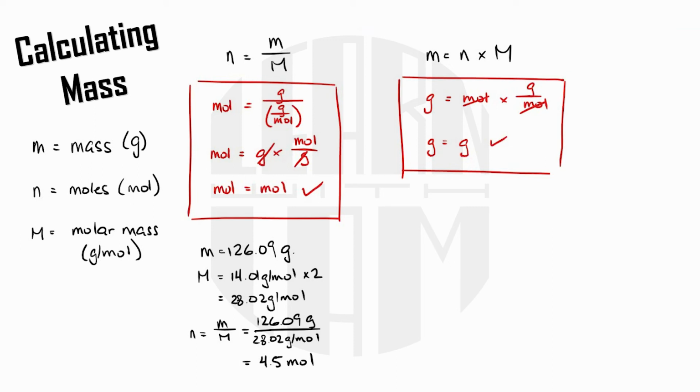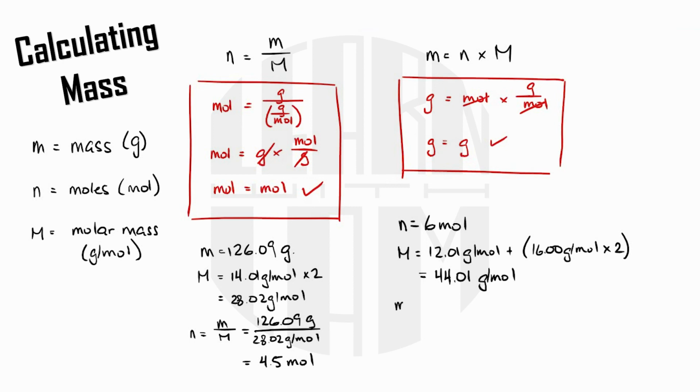And going the other way, if you have a 6 mole sample of carbon dioxide, what is the mass of that sample? Again, let's write down our givens. Moles is 6 moles, and molar mass is 12.01 grams per mole from carbon, plus 16.00 grams per mole times 2 from the 2 oxygens, which totals 44.01 grams per mole.